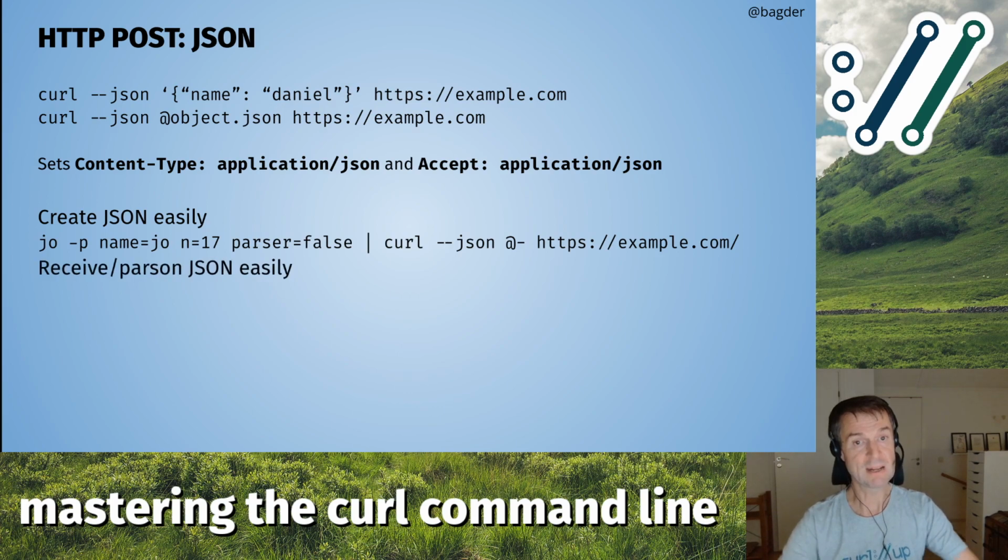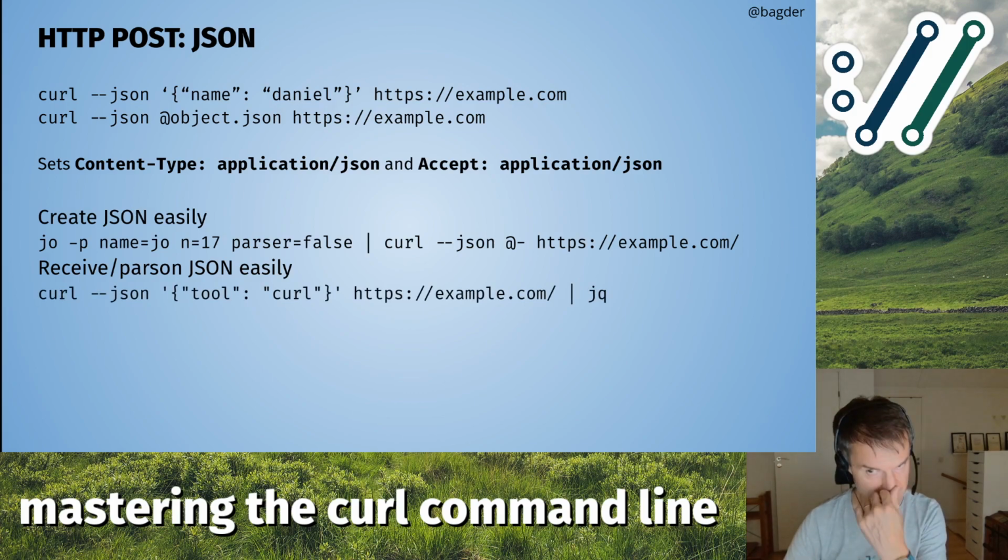Really neat. And the other way around, when you get JSON back from the server, sometimes or perhaps often, you send JSON to the server, you get JSON back, and you want to parse that. You of course know that there's this awesome tool called jq that is a perfect tool to parse JSON with and pretty print it and extract it and do whatever. It's a very powerful tool.